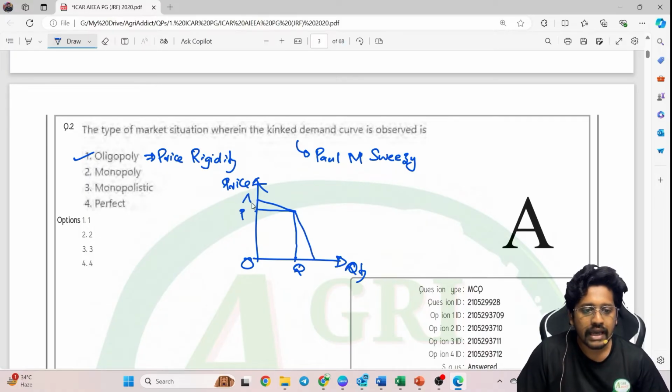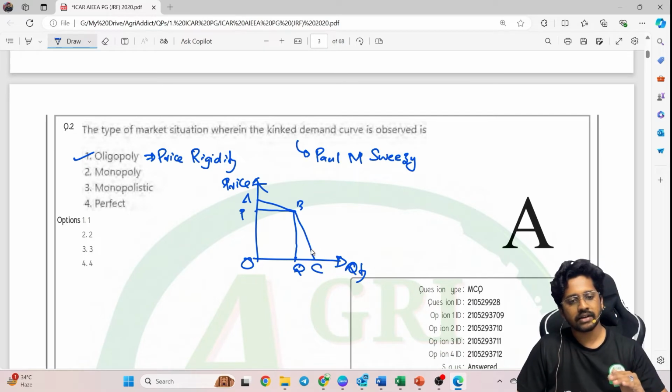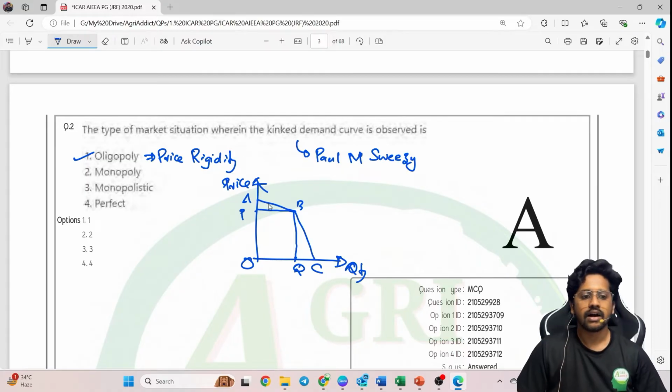So A, B, C is the demand curve of a firm in an oligopoly market situation, and as we have seen, it is not a straight line, there is a kink in the demand curve. At the point B, we can see that there is a kink, and this is called a kinked demand curve, and this happens due to the price rigidity.